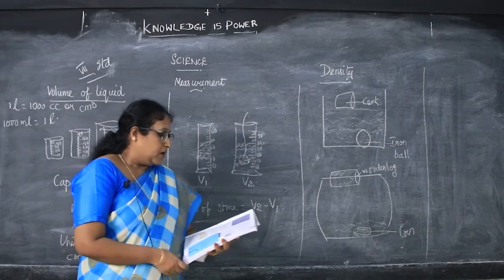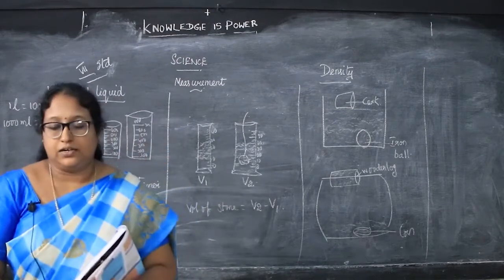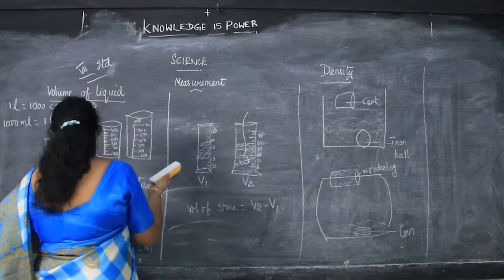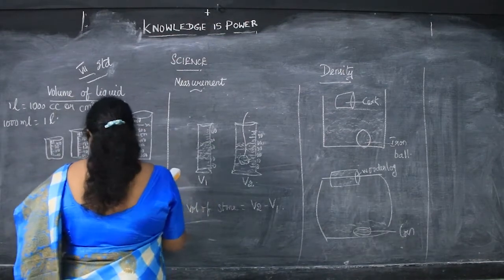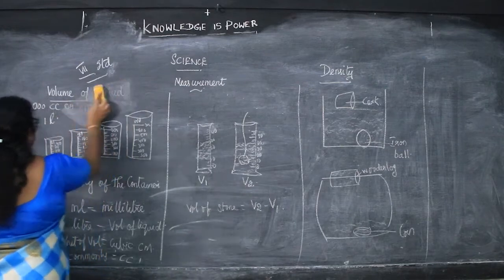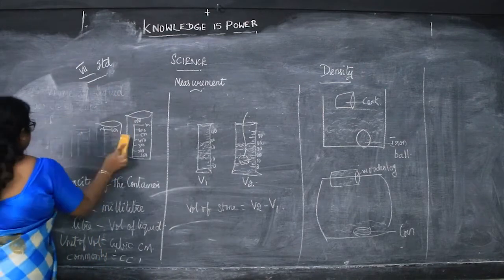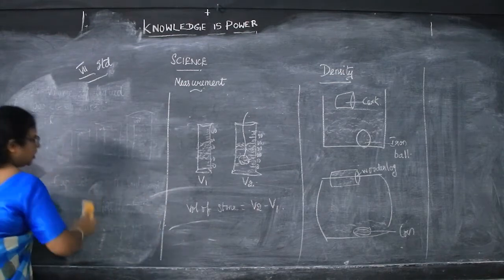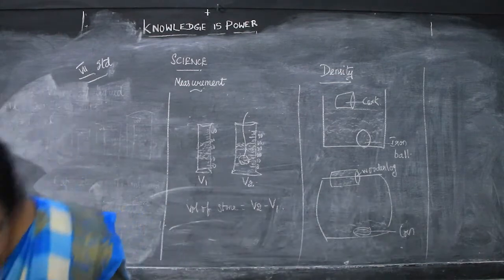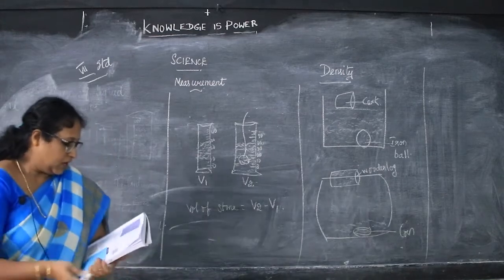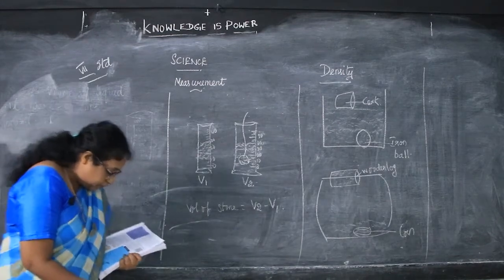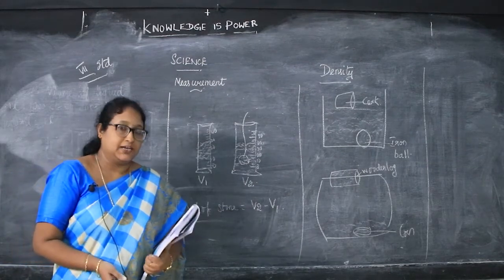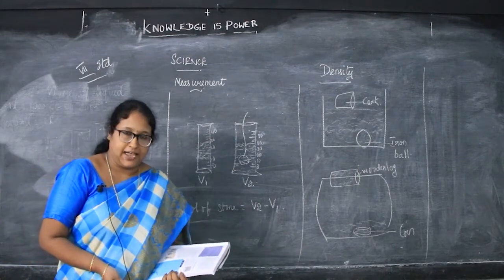Now we will see the volume of irregularly shaped objects. For these objects you will not have a formula, but they can be measured using a measuring cylinder and a jar.